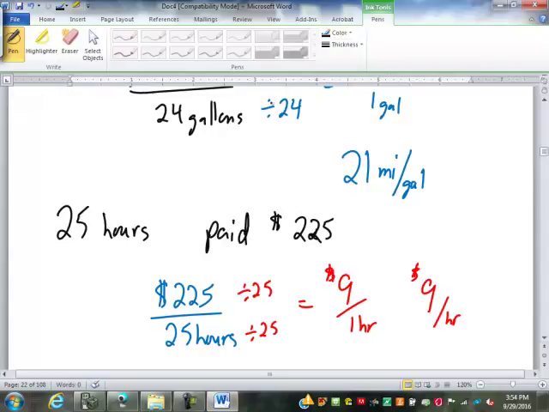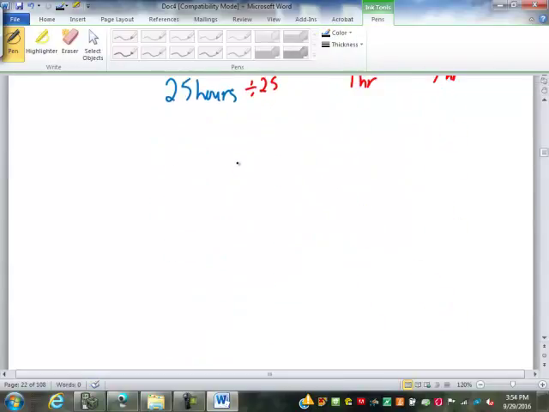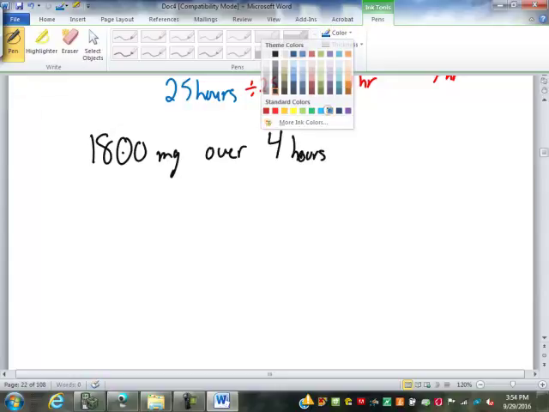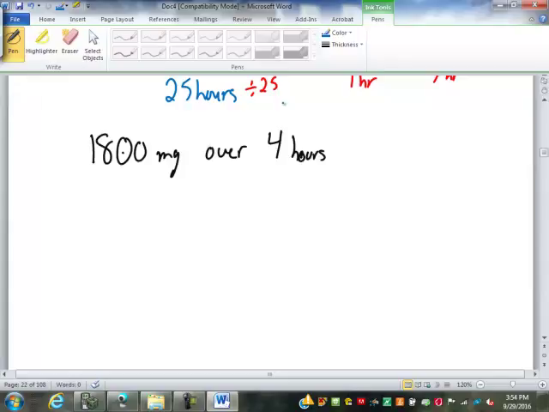See, other rates. If you're looking in the medical field, you might run into rates like, I'm supposed to administer 1,800 milligrams of medication over 4 hours. So you need to set what is the rate of that medication being infused into the patient.